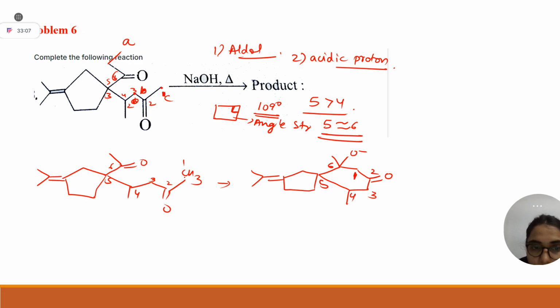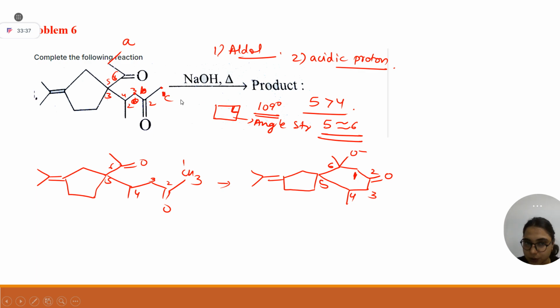See, in aldol reaction, whenever intramolecular aldol reactions are there, you have to see how many different types of acidic protons are there. Acidic protons, where you will get carbanion at alpha carbon. So when we see possibility B, it is not possible because it will form a 4 member ring. 1, 2, 3, 4 member ring.